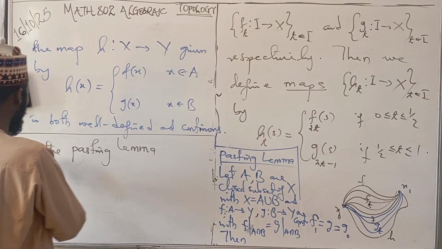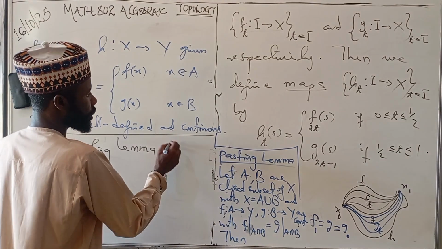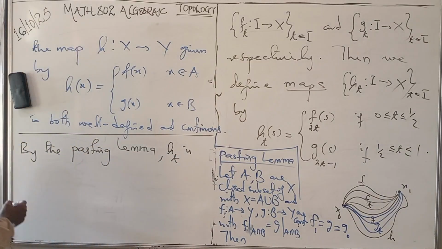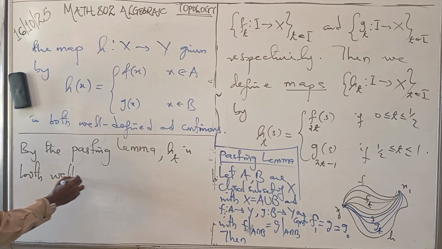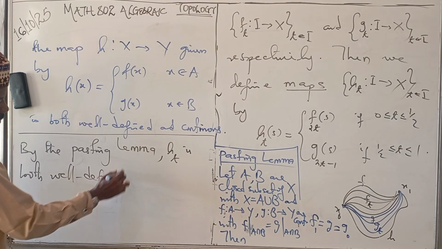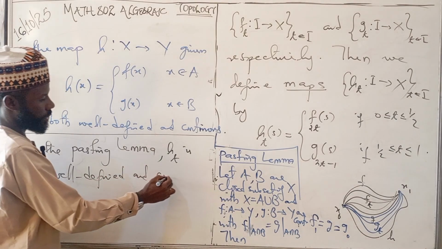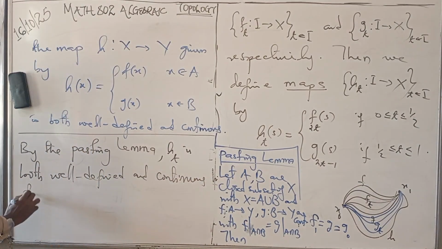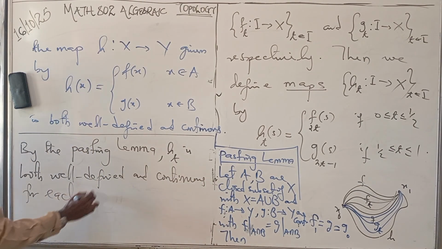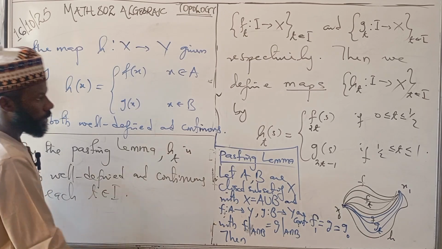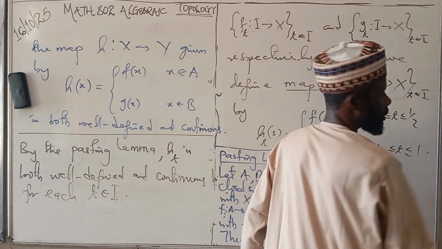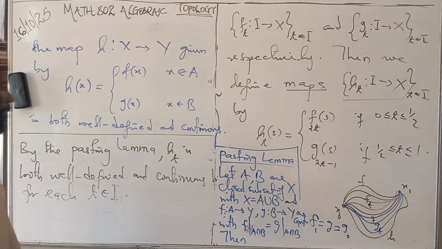So by the pasting lemma, H_t is both well defined and continuous for each t in the domain. So that is a family of continuous mappings, a continuous family.